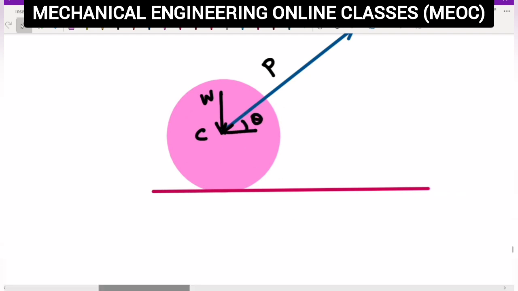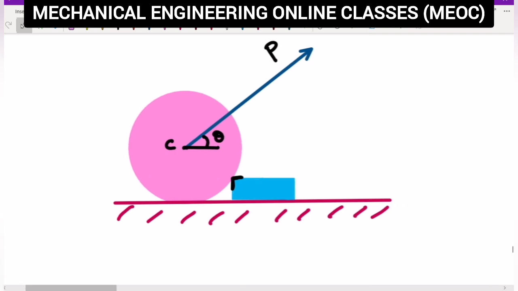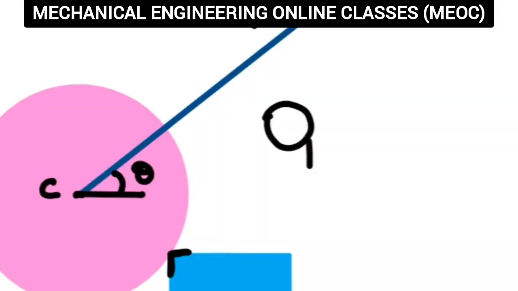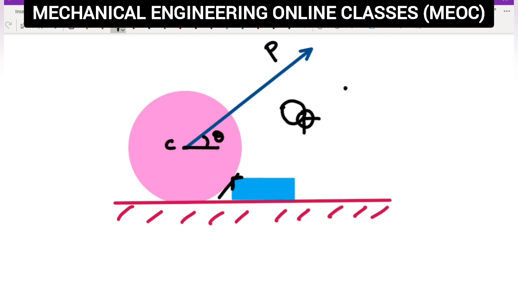And just like in the previous case, we will be taking the normal reaction. In the previous case, we took the normal reaction perpendicular to the rod. But here, it is straightaway a point contact. The circle is coming in touch with a sharp edge, which means this is only a point. So what we can do is, we will draw a common tangent here. Perpendicular to that will be the normal reaction.